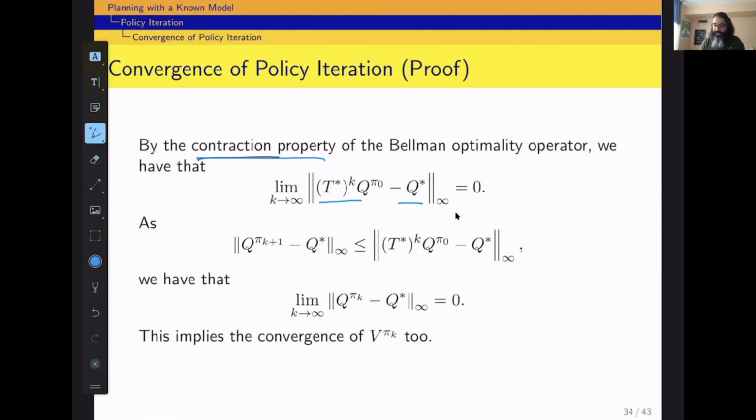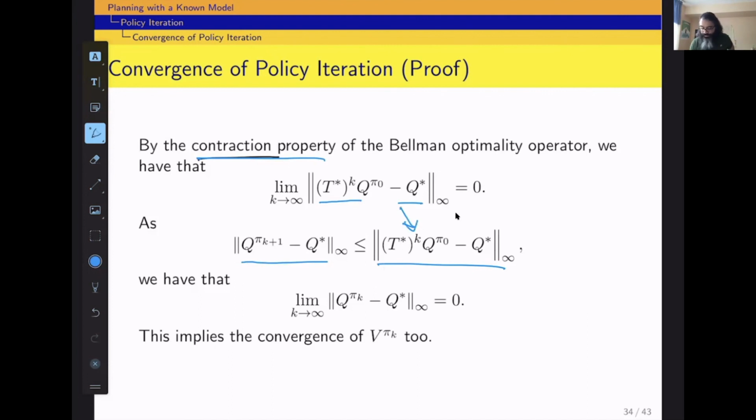And also, we can argue that the distance between Q pi k plus 1 and the optimal value function is smaller than the distance between its lower bound and upper bound, which is exactly what we have here.